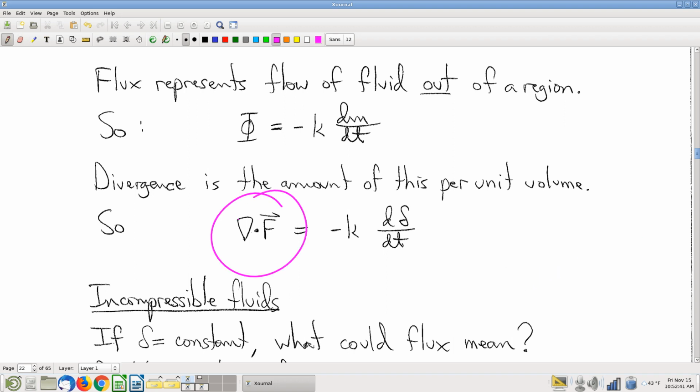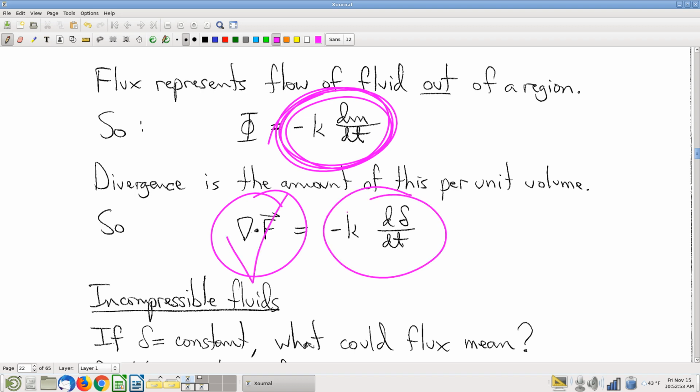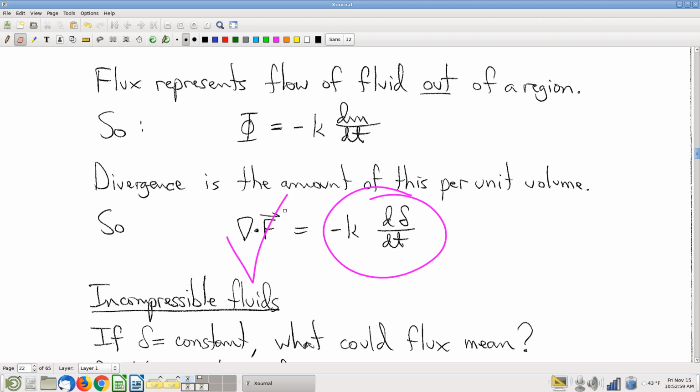Divergence is telling us there's a grand total mass decreasing. If mass is decreasing, the mass has got to be coming from somewhere. Divergence tells you where the density is going down and at what rate the density is going down.